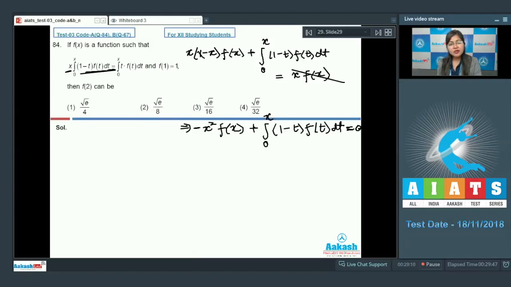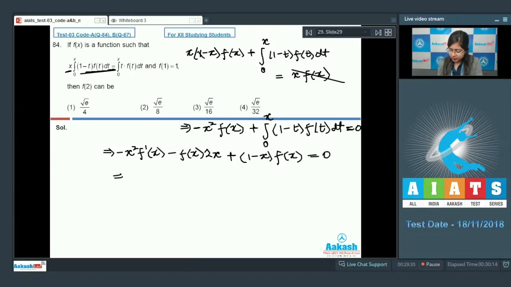So let us again differentiate this. This is equal to minus x square keeping constant, differentiation of f(x) will be f dash x, minus f(x) keeping constant, differentiation of x square will be 2x, plus differentiation of this integral will be equal to (1 minus x) into f(x) equal to 0.